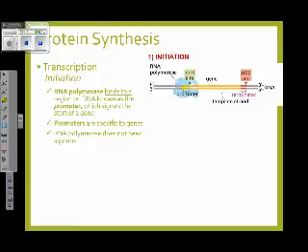It finds that promoter and knows where it needs to start transcription so it can make the mRNA, so it can make the protein. The promoters are specific to each gene, and the RNA polymerase does not need a primer before it can start creating the RNA.